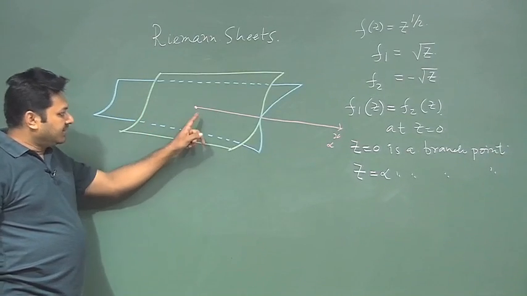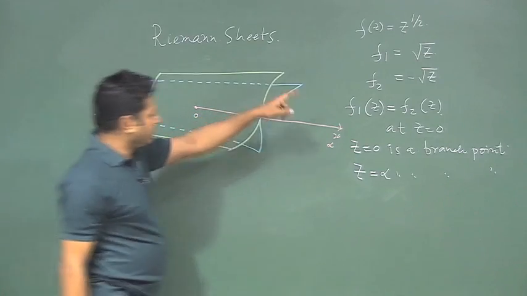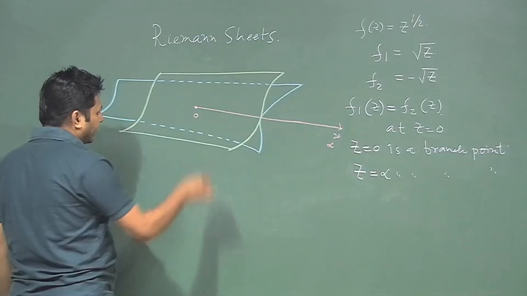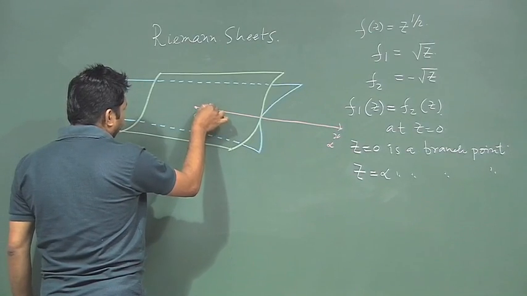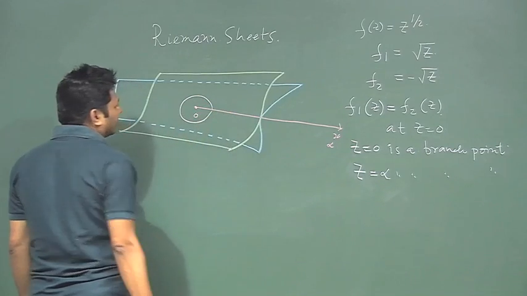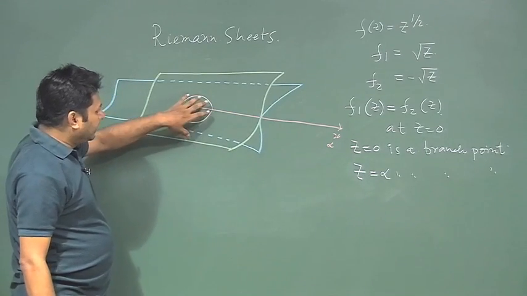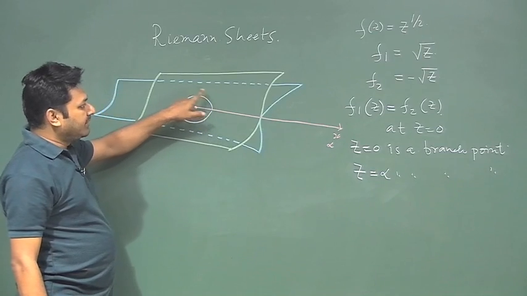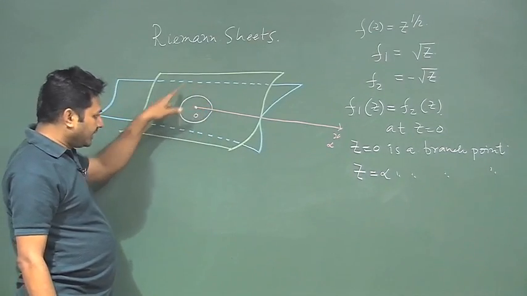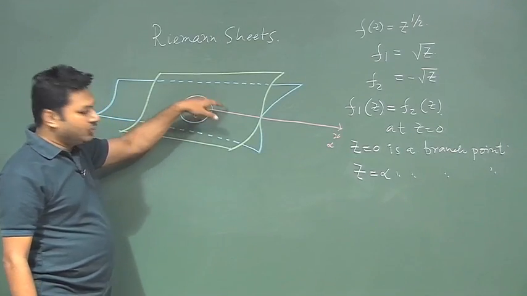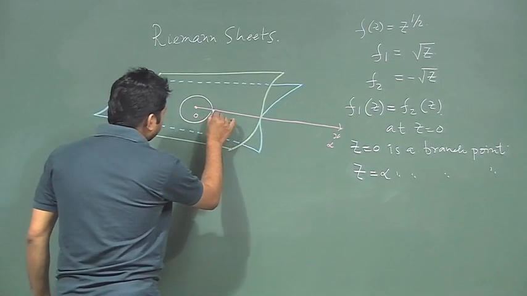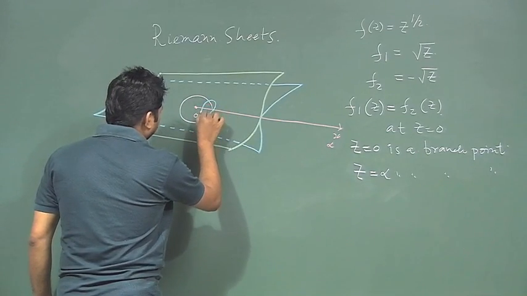In the Riemann sheets, now I can represent my points. In the first branch, if I rotate this z point from 0 to pi, it will be on the first Riemann sheet, and then when it crosses this line after rotating 2 pi, it will slide down to the next sheet.